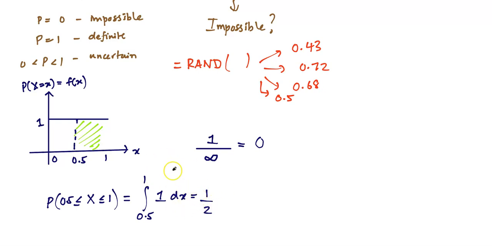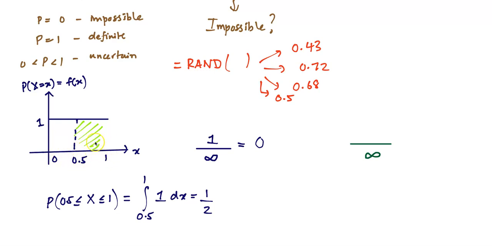Alright, so this is definitely interesting, but why was this 0 and why is this half all of a sudden? So again, the way that I like to think about this is that now the denominator stays the same. You have infinitely many real numbers to choose from, right? There are infinitely many real numbers between 0 and 1, of which you want to choose numbers that lie from 0.5 to 1, right?